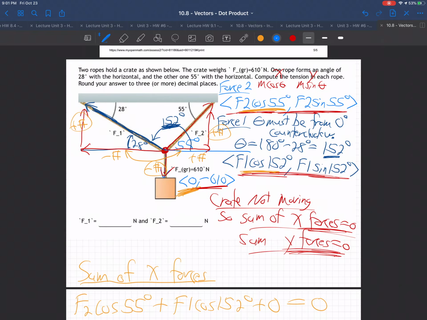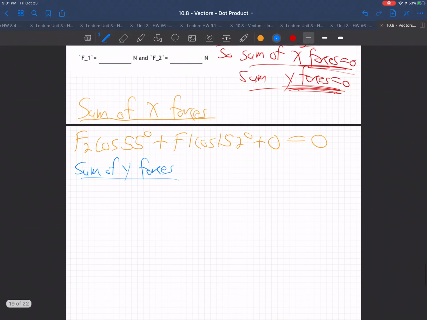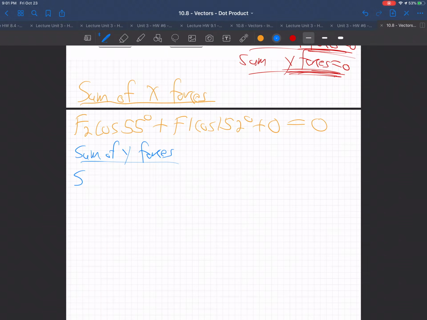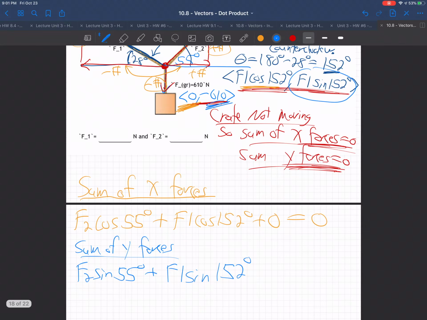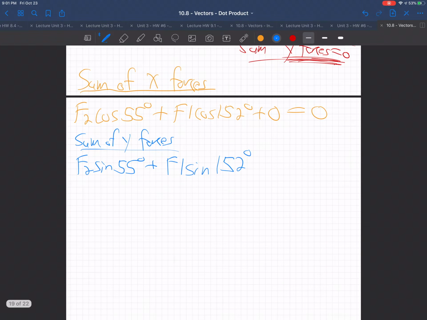So I take the y forces, the y force here and the y force there: F2 sine 55, plus F1 sine 152, plus the y force here, negative 610. It's negative, it's downward, and the total must be 0.